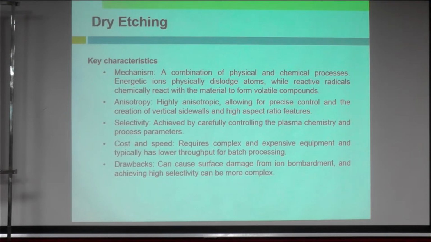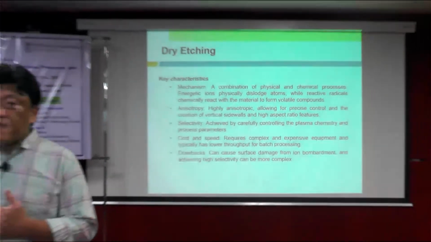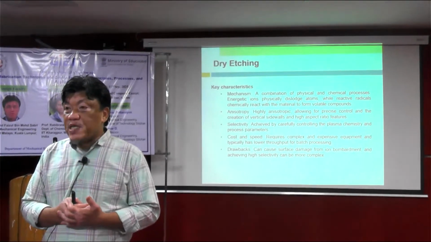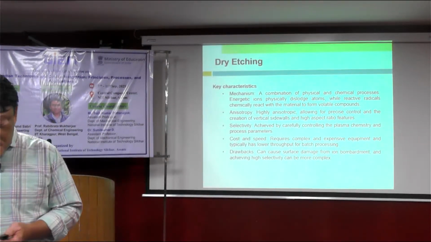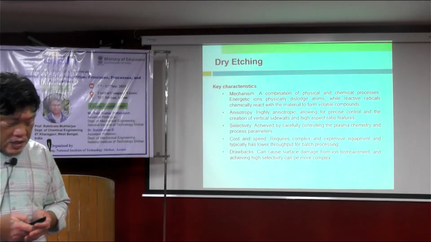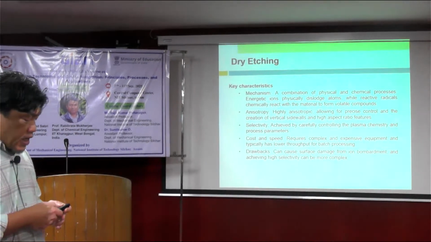Because it is quite a forced machining process where the bombardment of ions with force and speed can remove the material, even though selectivity might be a part of it, continuous bombardment of ions can also remove the material. So that is where the surface also needs to be taken care of.